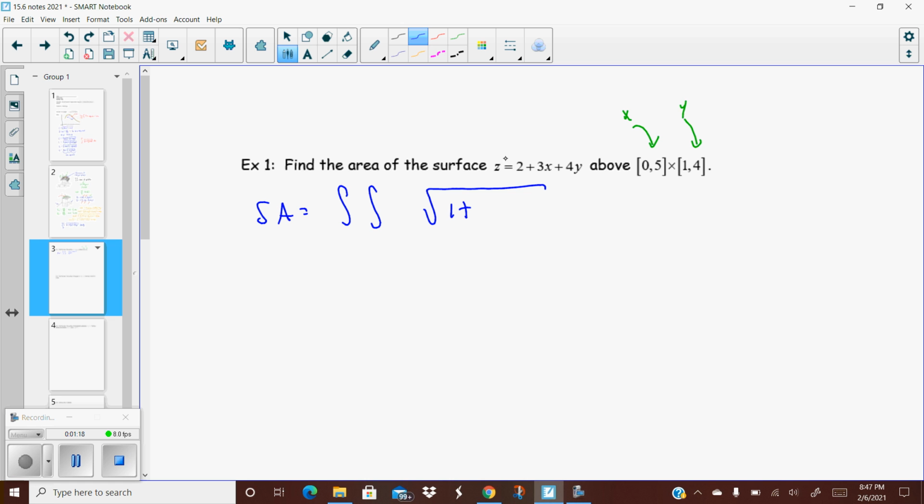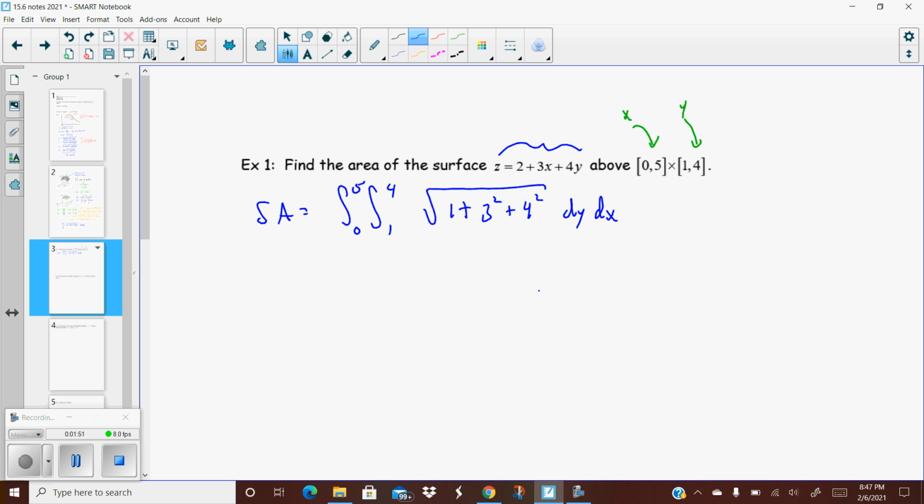Well, the partial derivative of this with respect to x is just 3, squared, plus the partial derivative with respect to y, which is just 4, and then we square it, and then dy dx or dx dy. It doesn't really make any difference in this case. I think I'm just going to go dy dx. So then the y bounds are 1 to 4, and the x bounds are 0 to 5.